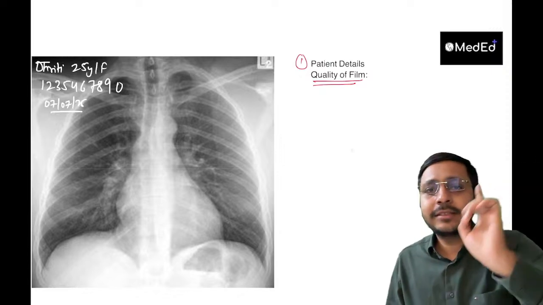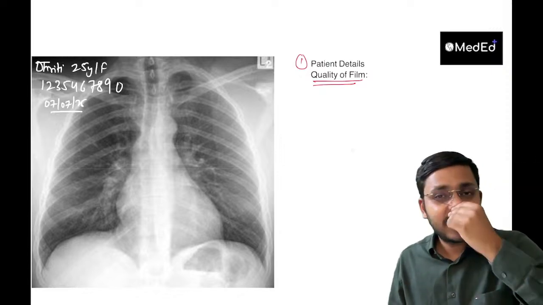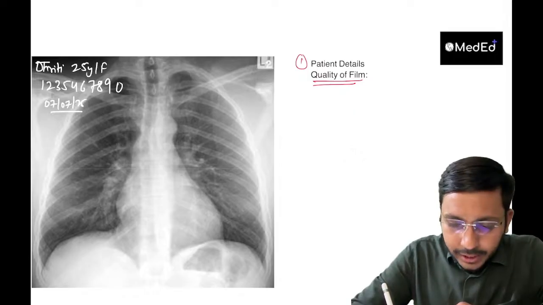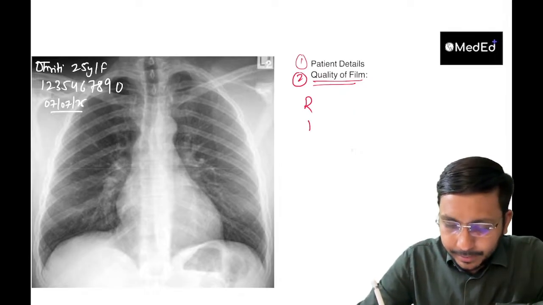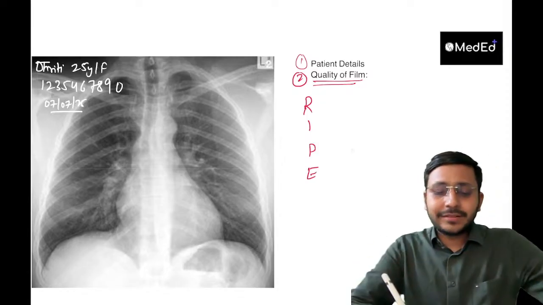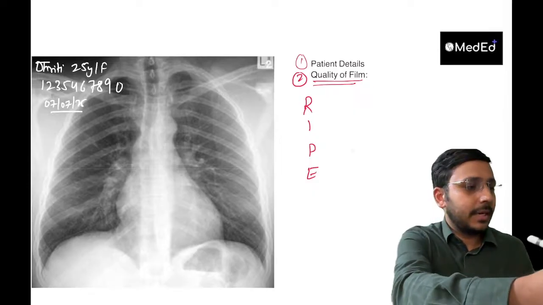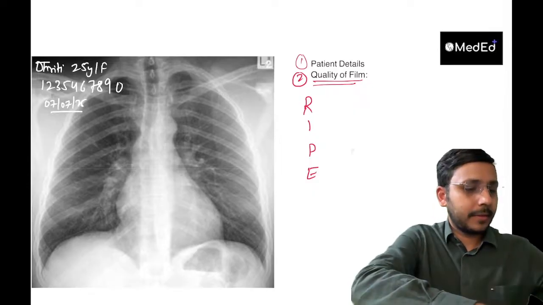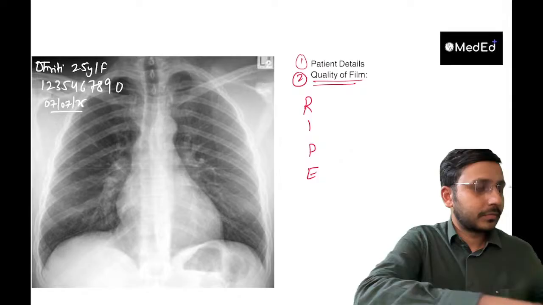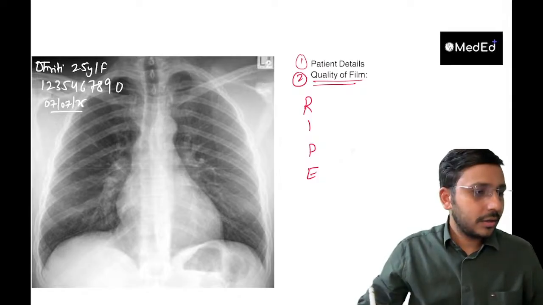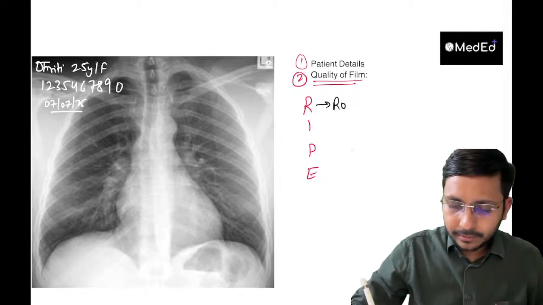Moving on. So first is patient details. Next is quality of film. Now, quality of film we determine by a mnemonic known as RIPE. Right? Now, what does R stand for? Just give me a minute. So, R stands for rotation.